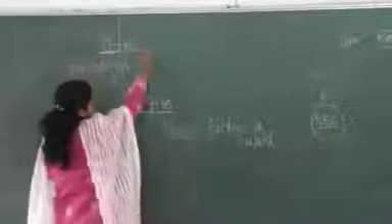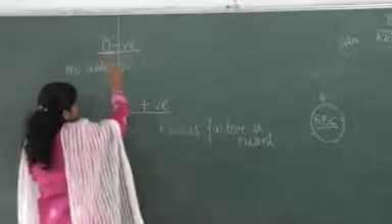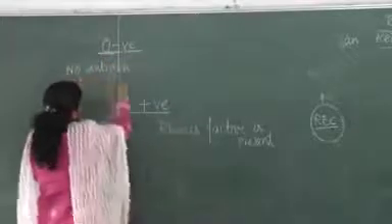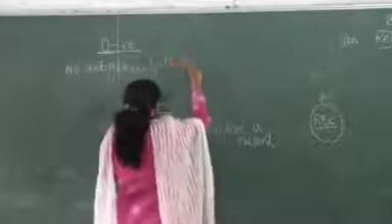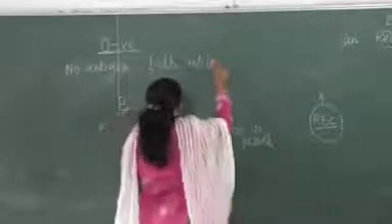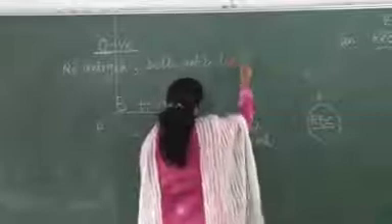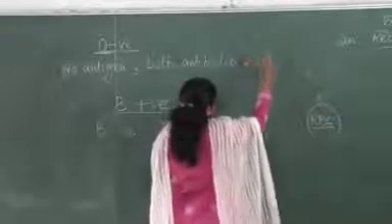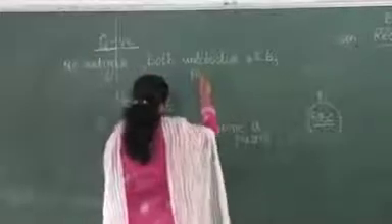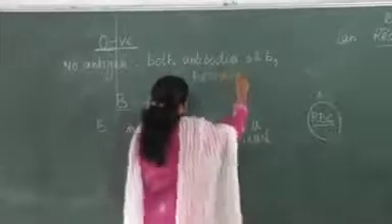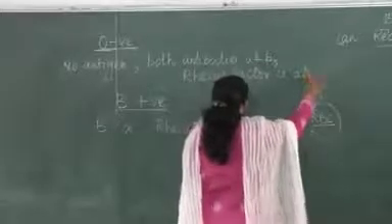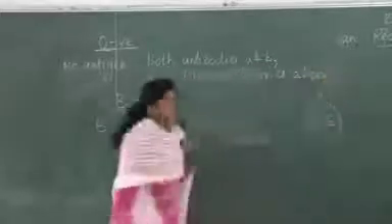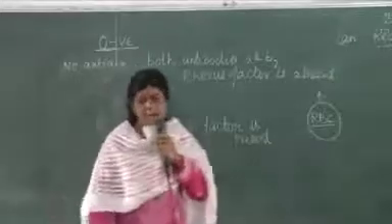The whole thing we are interpreting: no antigen, both antibodies, that is A and B. And what do you understand by negative? Rhesus factor is absent. Is it all right?